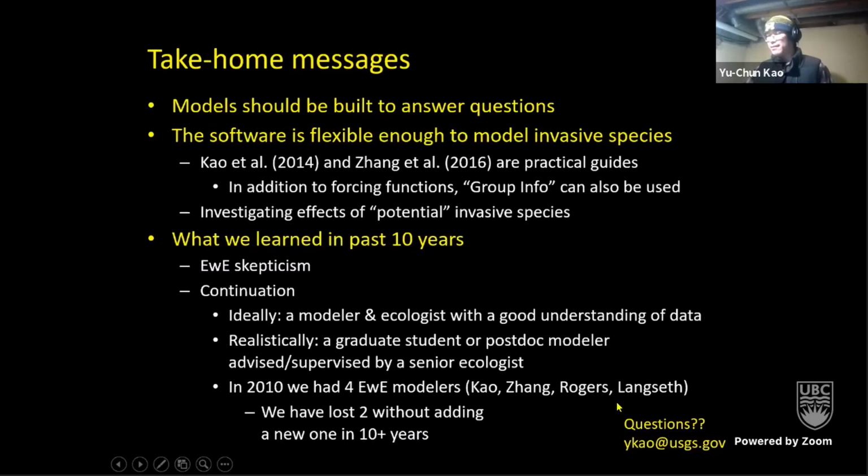They left the Great Lakes area, and they are probably not using Ecopath with Ecosim anymore. They are still doing the work, but not using the model. And we lost 2 without adding any new one in the last 10 plus years.